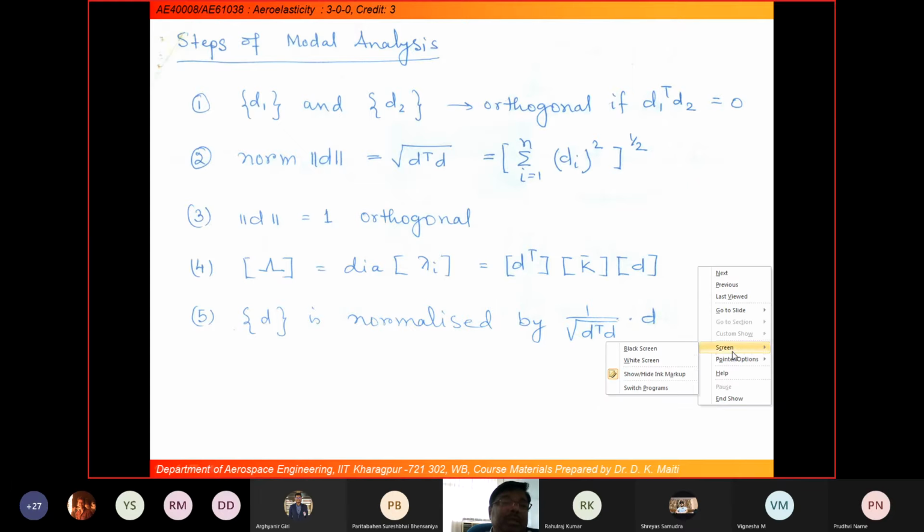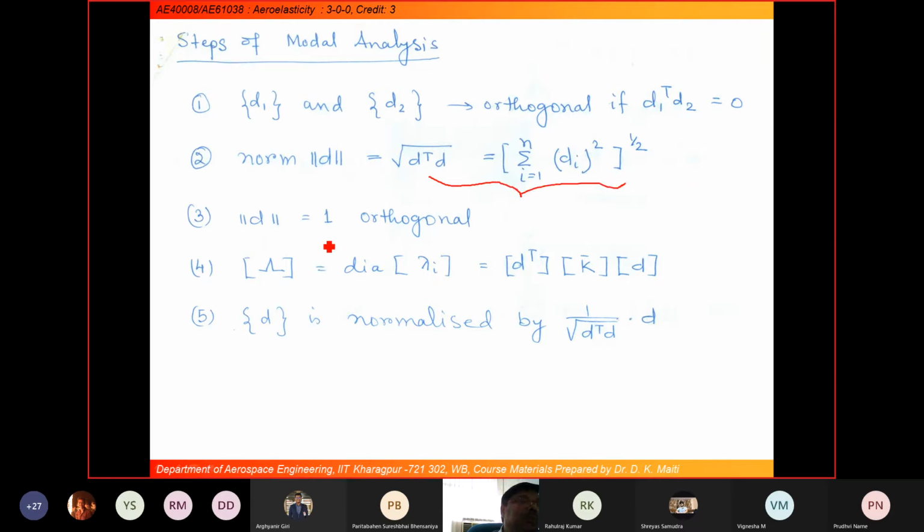There are several normalizations. In finite element formulation and in modal coordinates, we need normalization. When I calculated the D1 vector, I took either x1 or x2 as 1 and calculated with respect to that. That is called max normalization.